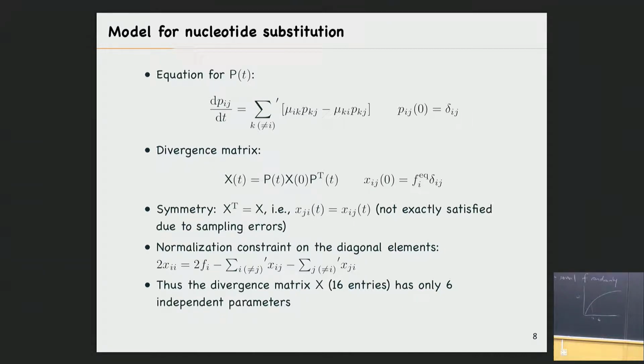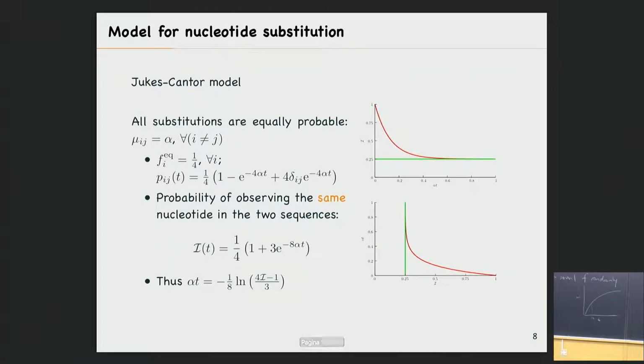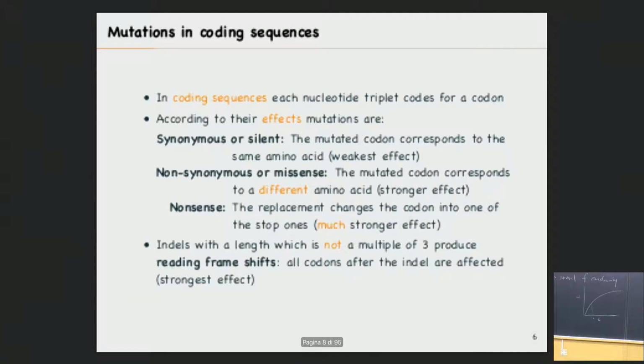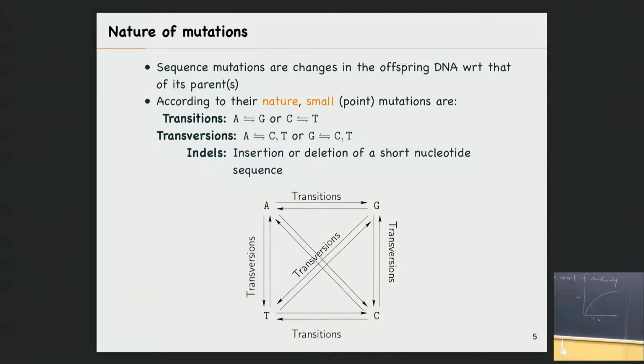Therefore, the divergence matrix, which in principle has 16 entries, in fact has only 6 independent parameters. If you assume some reversibility, that is, if the error on one side is equal to the error on the other side, you have 6 independent parameters for the 6 different transitions.